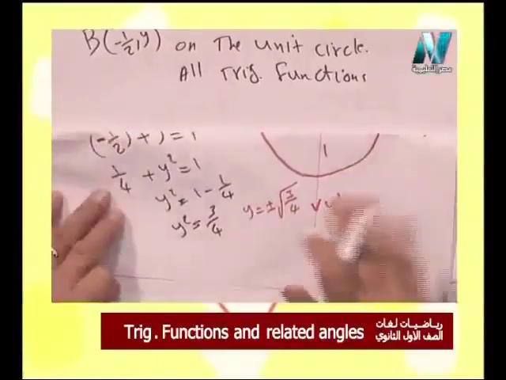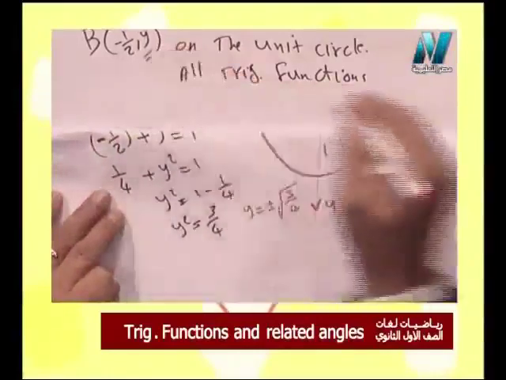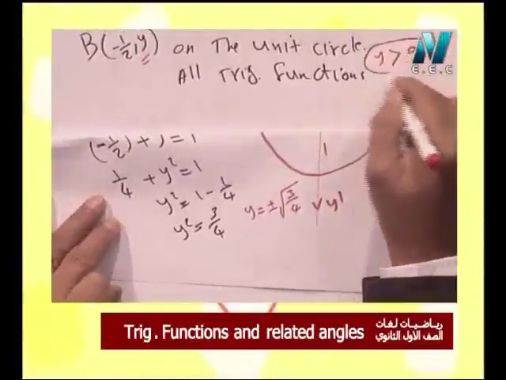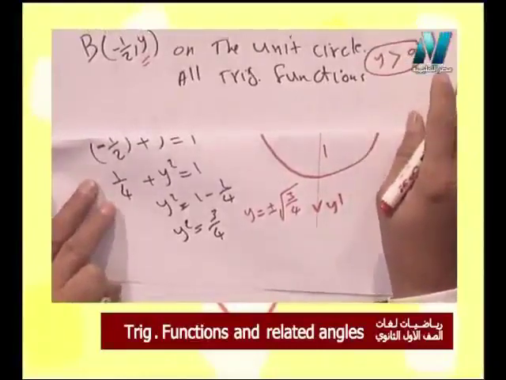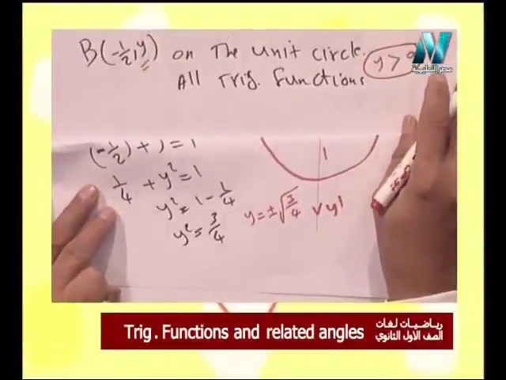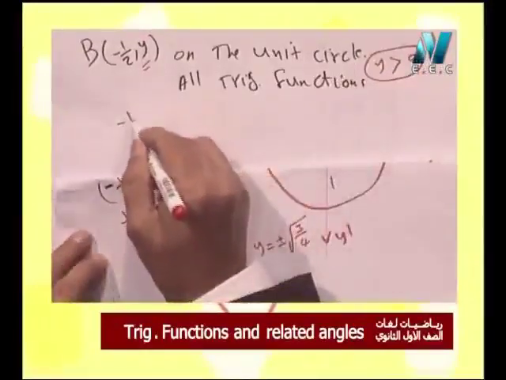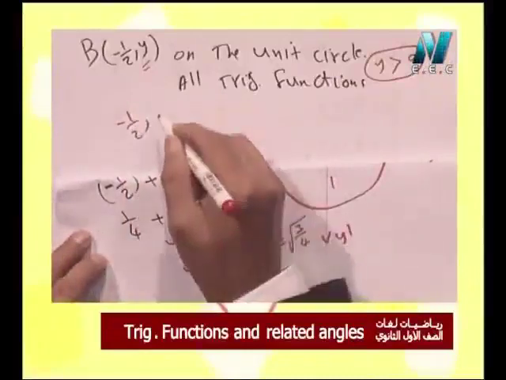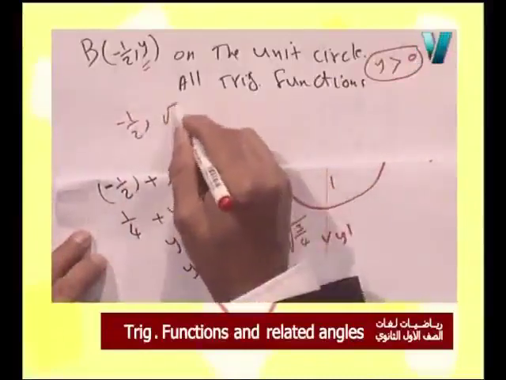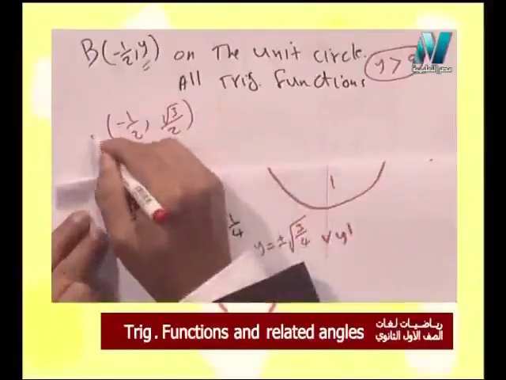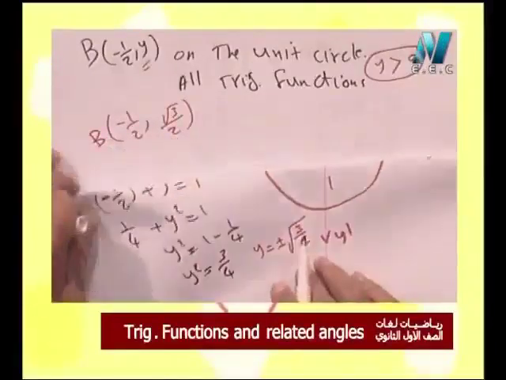And he told us that y here is greater than 0. That means this number will be positive. So x will be negative half and y will be root 3 over 2. This is the point B, which is on the unit circle.